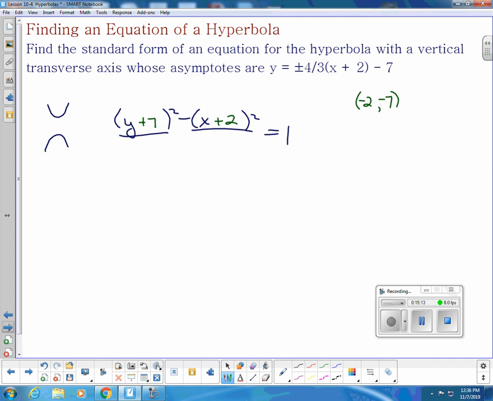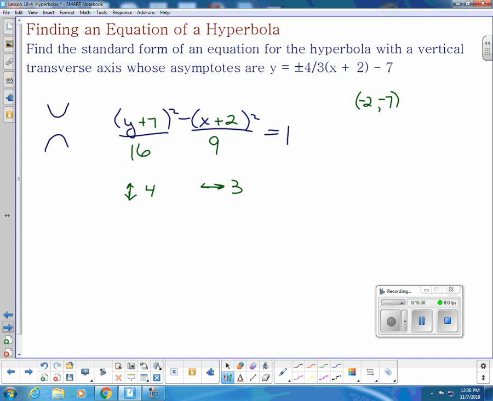All right? What was my vertical move? 4. So I would square that. My horizontal move is 3. So I'm going to square that. There's more than one answer to this because it could have been 4/3 reduced.